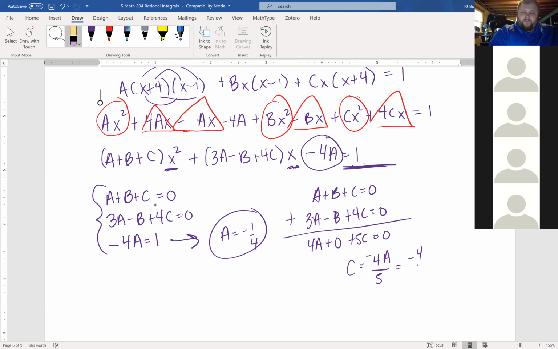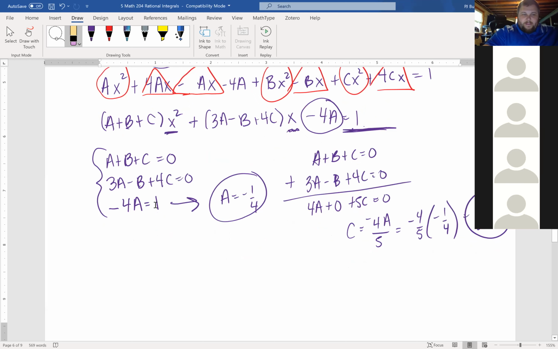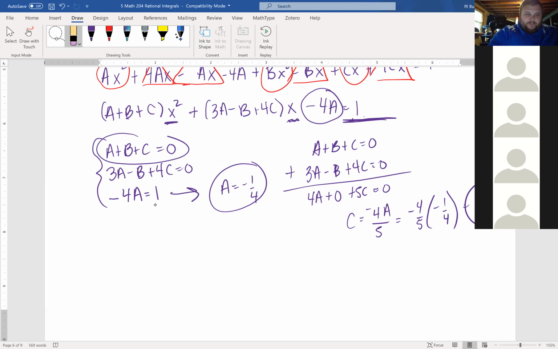So that's minus 4/5 times a, which is minus 1/4. That's 1/5. And then I just need to find b. So I'm going to go back to this equation and say b is equal to minus c minus a. Plug them in. And that gives me 1/20 for b.